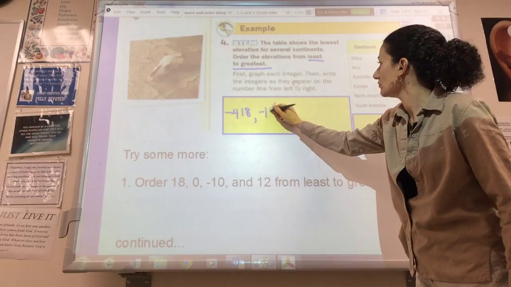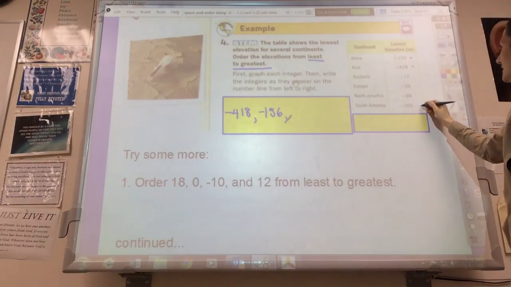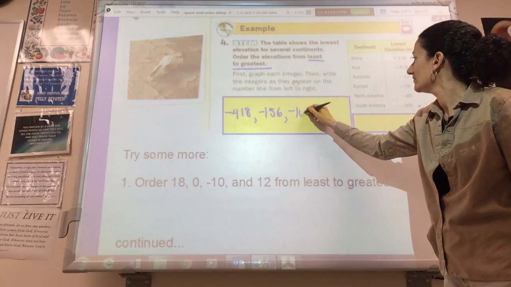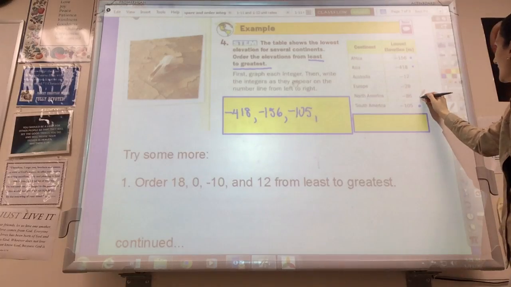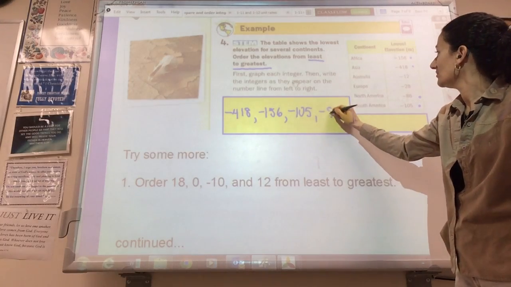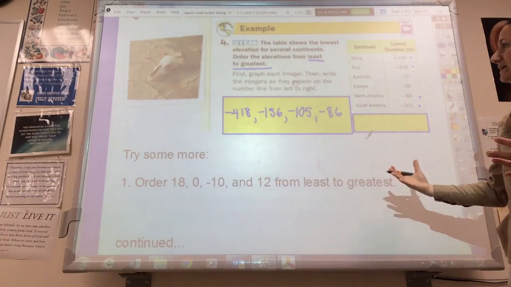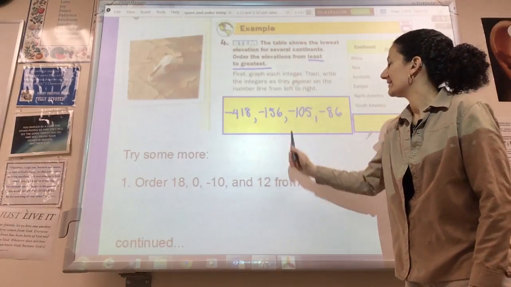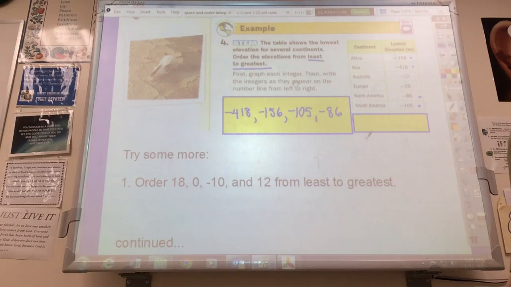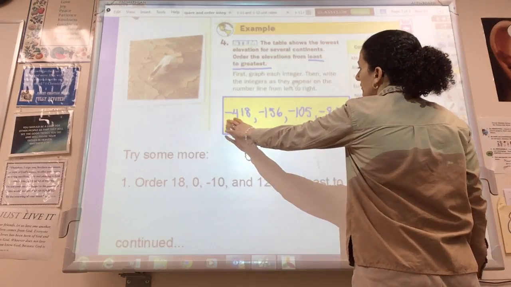So -156 comes next. Then -105. Then -86. Notice I'm looking for the biggest numbers because even though they're big numbers, they're negatives. So the smaller their value actually is. So we're talking about something way below sea level here.